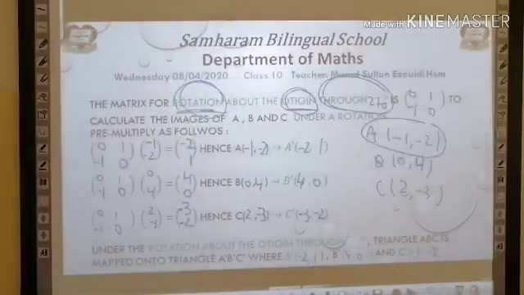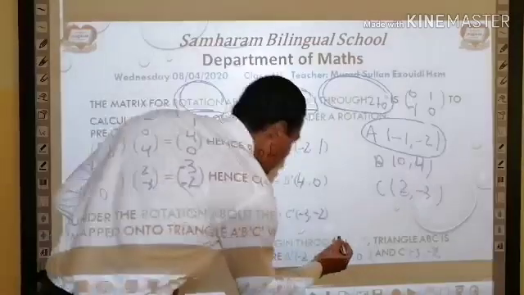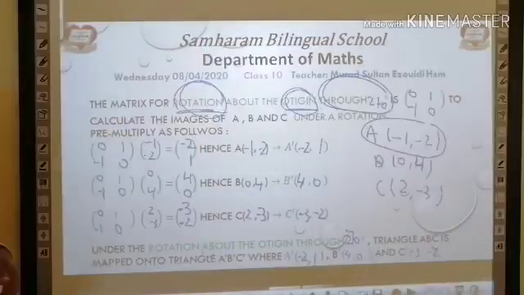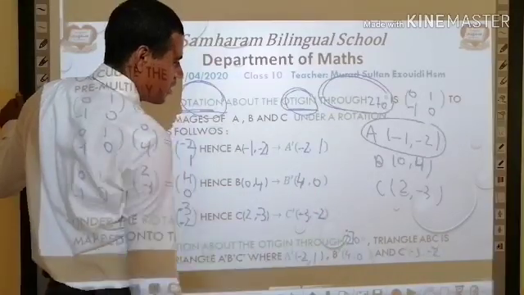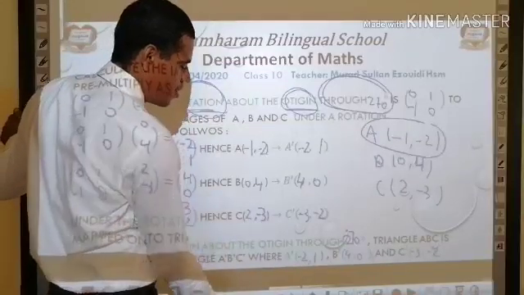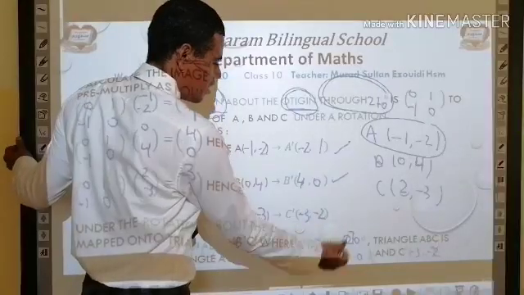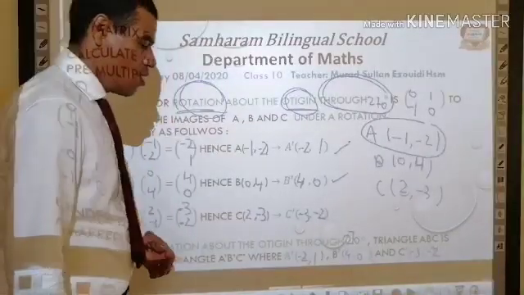Under the rotation about the origin through 270 degrees, triangle ABC is mapped into triangle A prime B prime C prime, where A prime, B prime and C prime are the coordinates we already calculated.